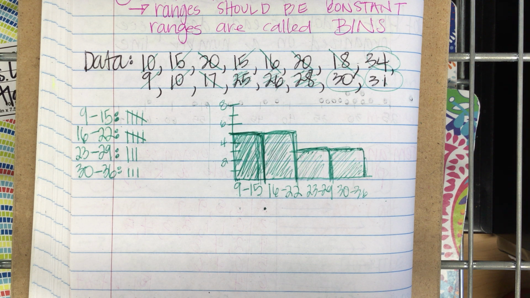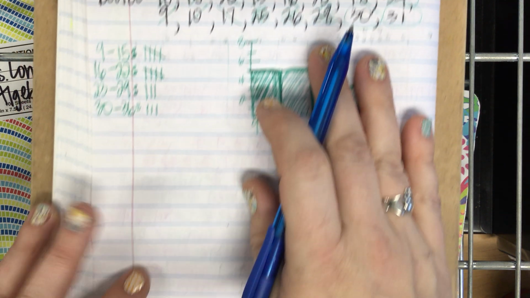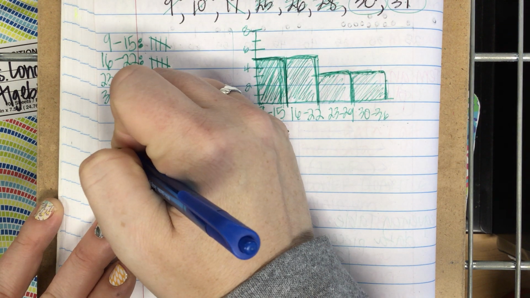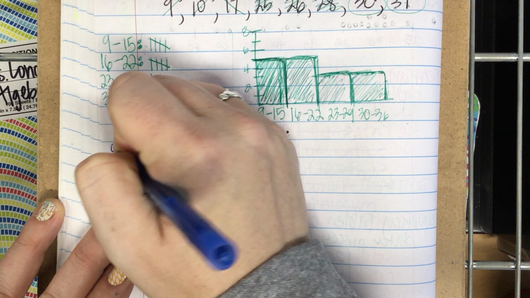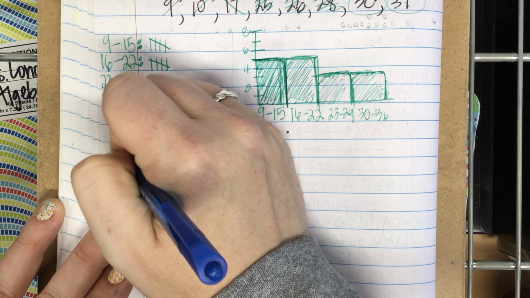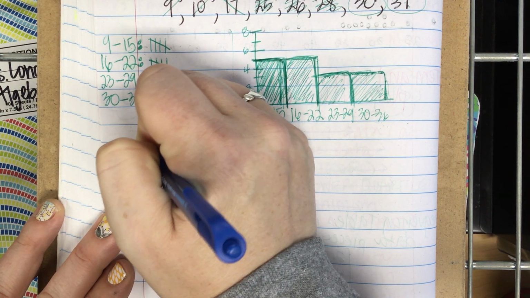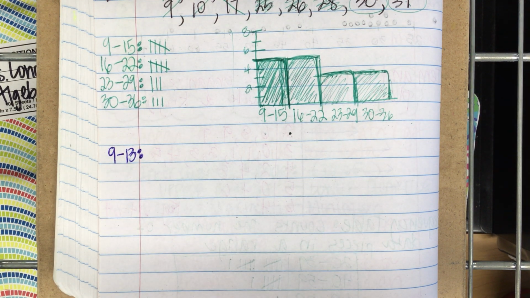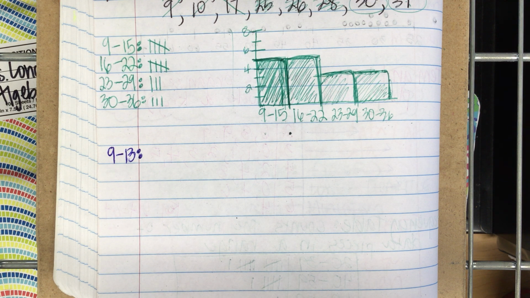All right, I want you to change your bin width. I'll give you the first bin width: 9 to 13. Let's see what that is going to do to our histogram, how much different this is going to look by changing our bin width.